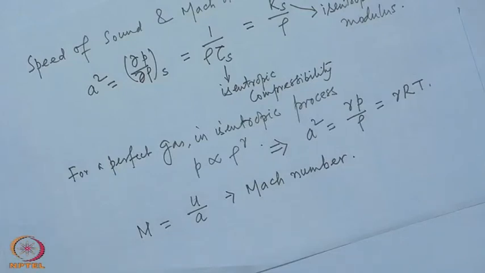Since both the flow velocity and the speed of sound change from point to point, the Mach number also changes from point to point in a flow.